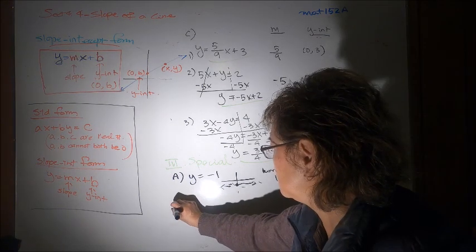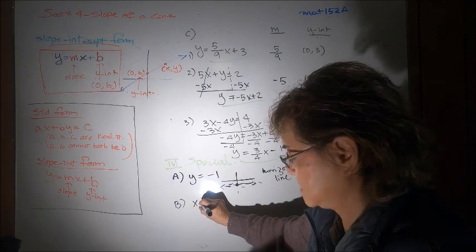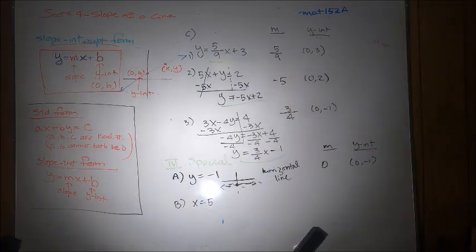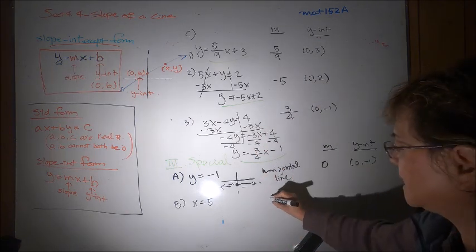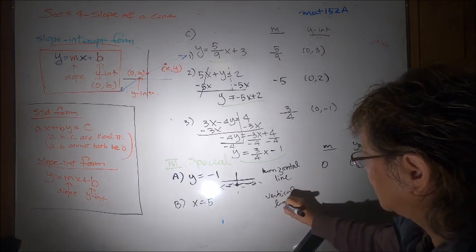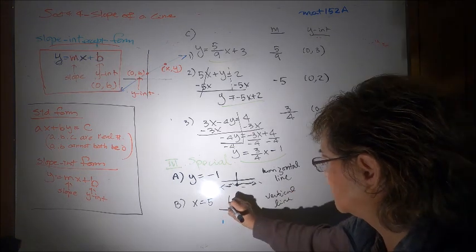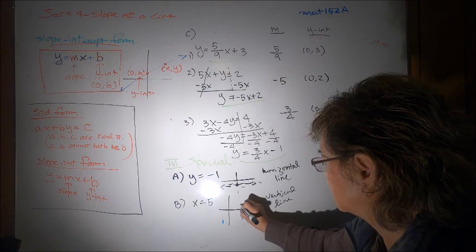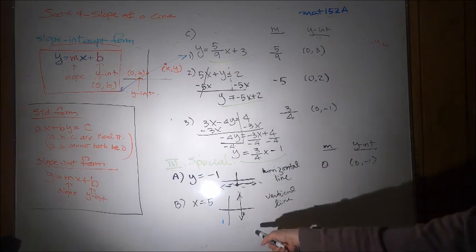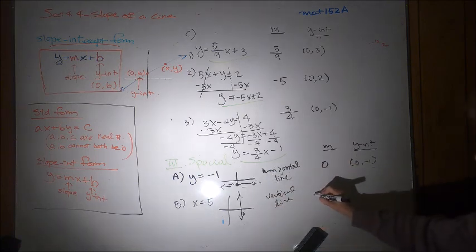Another one, you only have x. X equals, say, 5. You don't have a y. And y goes up and down. So your line should be what? A vertical line, right? So that's your x equals 5. So y goes up and down on a vertical line. So for the vertical line, what's your slope?